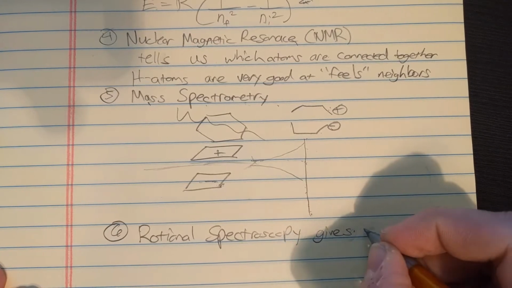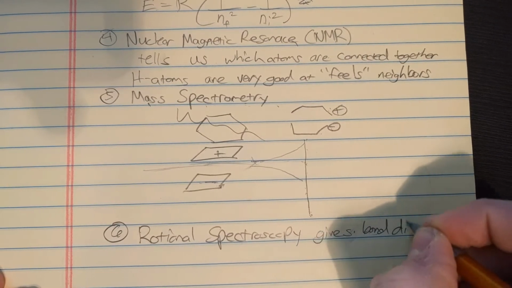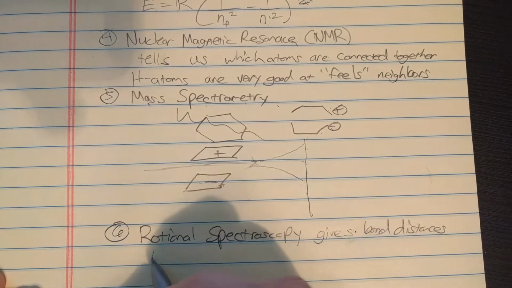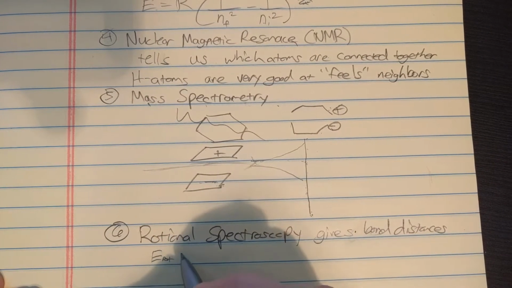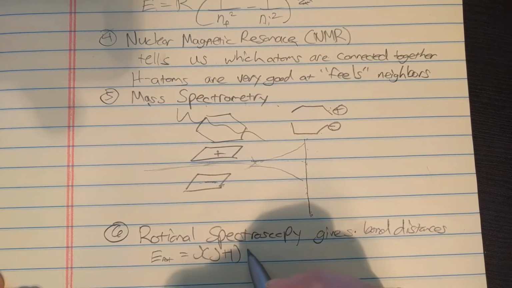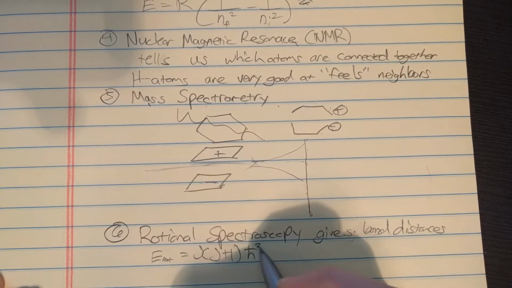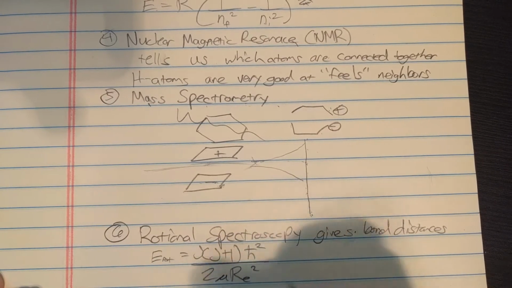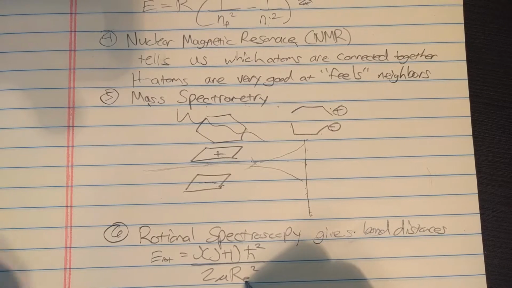It gives bond distances. Remember, I wrote the equation that the rotational energy equals some quantum number J times J plus 1 over 2 times h bar squared over 2 mu R_e squared. So R_e is the bond distance.